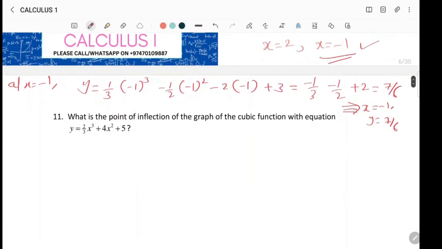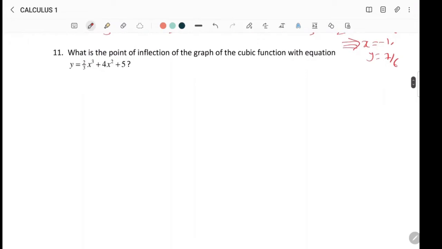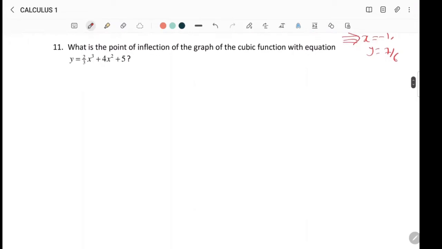Now we are going to check question number 11. That says, what is the point of inflection of the graph of the cubic function with the equation? Okay, so in point of inflection, no worries, we know that when f double dash x equals 0, that's the point of inflection.